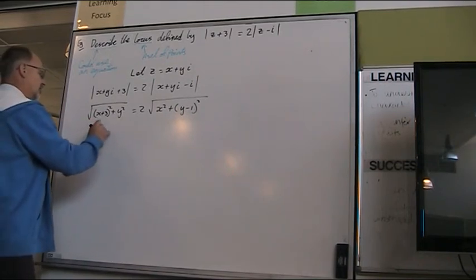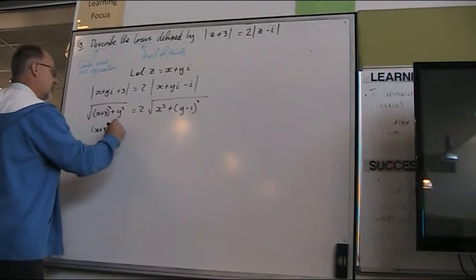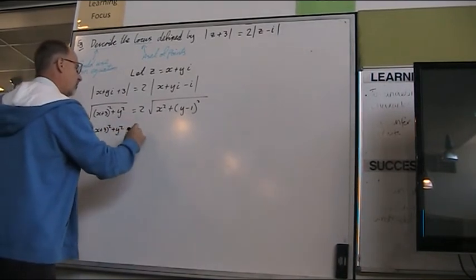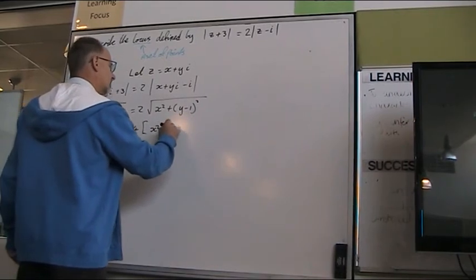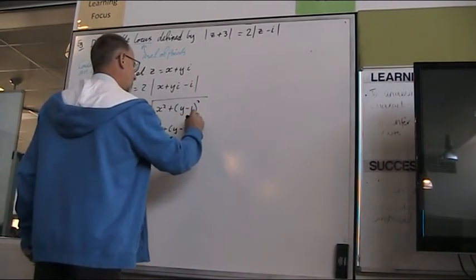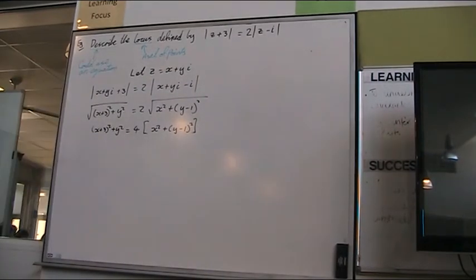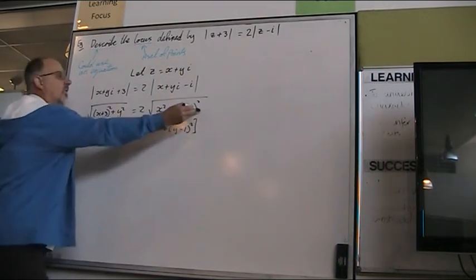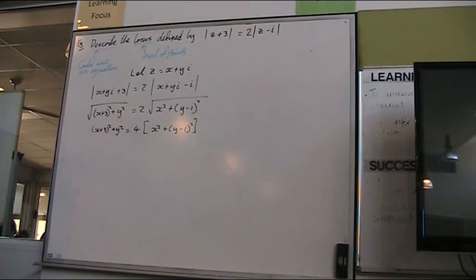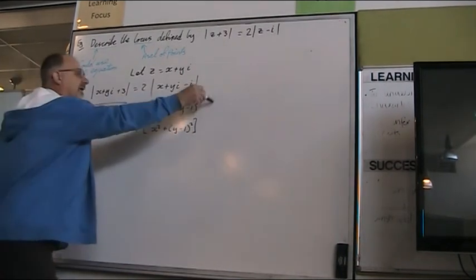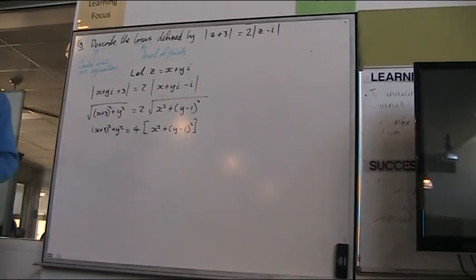So we got x plus 3 squared plus y squared. If we square both sides, 4 lots of x squared plus y minus 1 squared. Let's put those square brackets in there to remind us that all of this is being multiplied by the 4, everything under that square root. Expand, collect like terms, good idea.